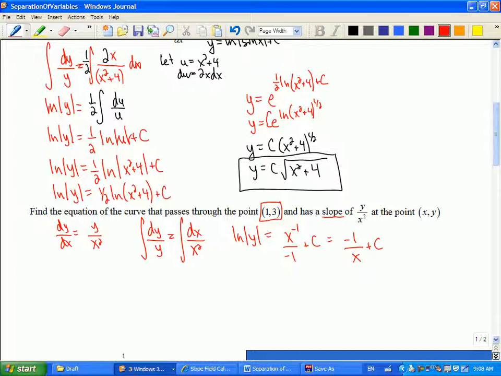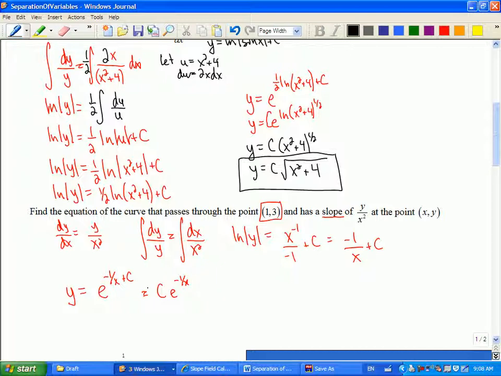And then I need to pull the y out of this, so I would have y equals e to the negative 1 over x plus a constant. And we'd rather deal with the constant in front. So that's my general solution. Now I can use the values x equals 1, y equals 3 to figure out what the constant should be.